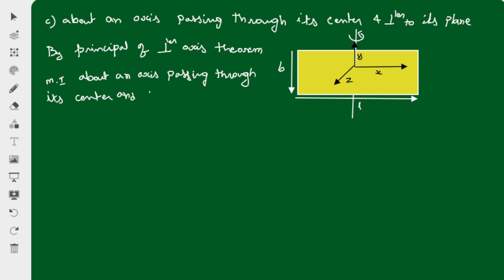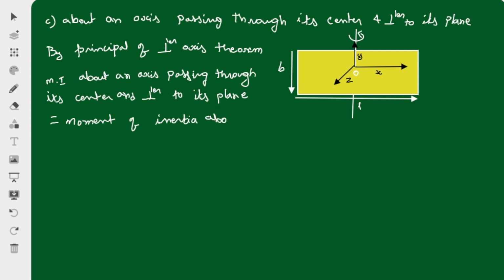Therefore I can write it as the moment of inertia about an axis parallel to its breadth, and the moment of inertia about an axis parallel to its length, right?